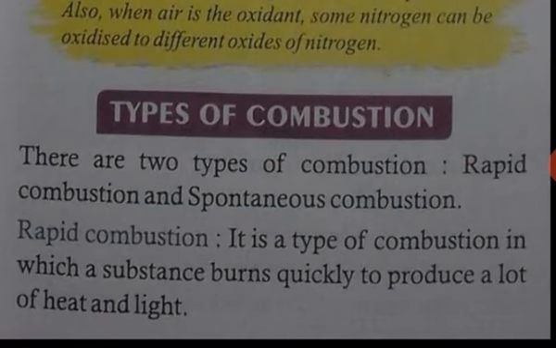Fuel plus oxygen gives carbon monoxide plus water plus heat and light, with insufficient supply. And the types of combustion. There are two types of combustion: the first is rapid combustion and the second is spontaneous combustion. First is rapid combustion.